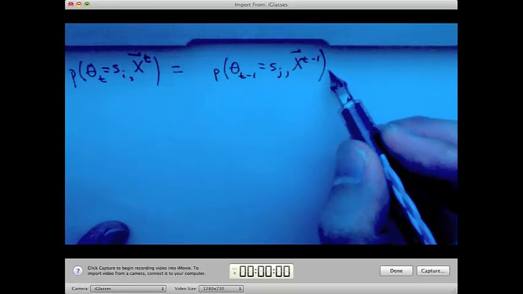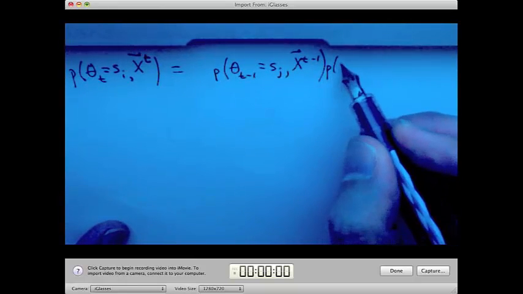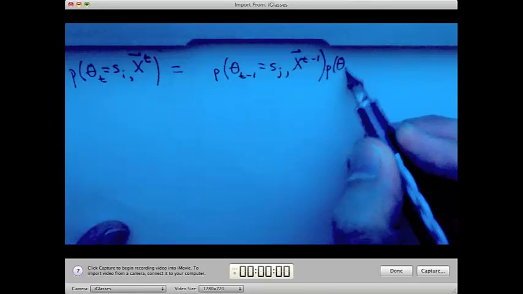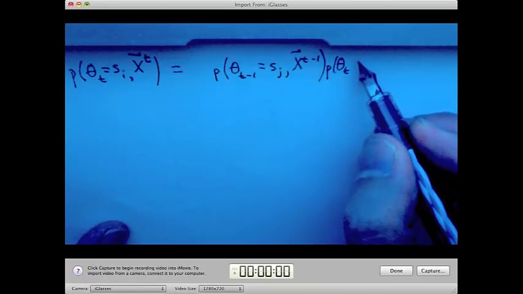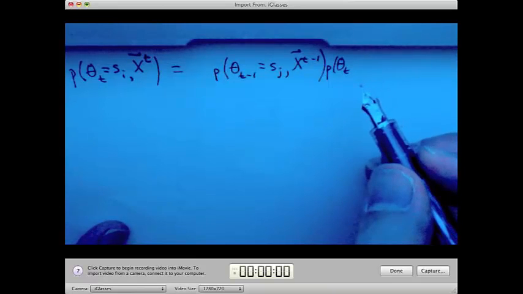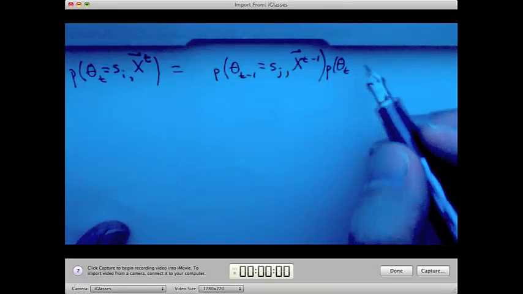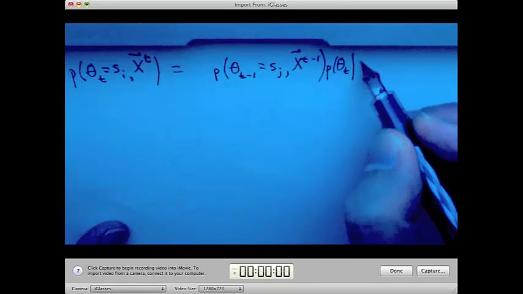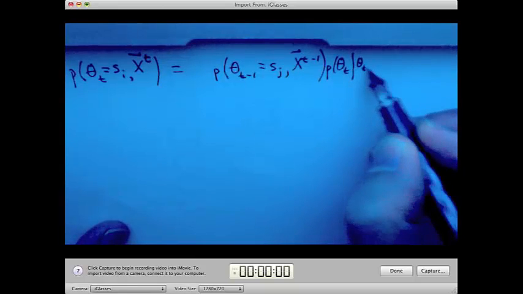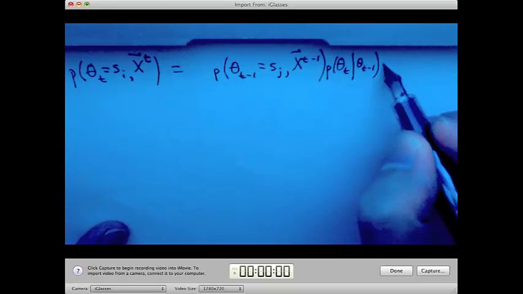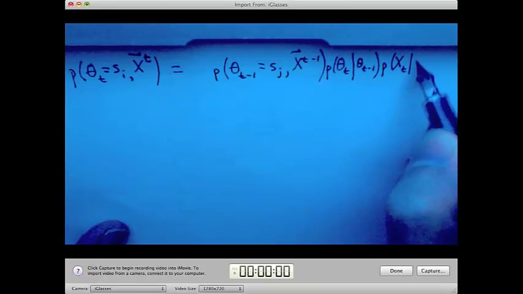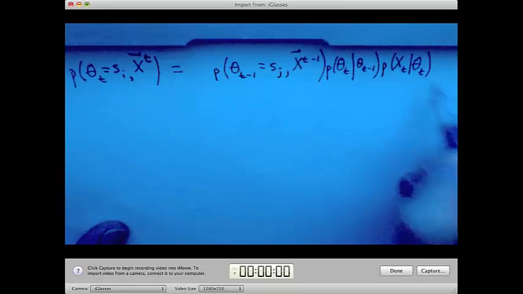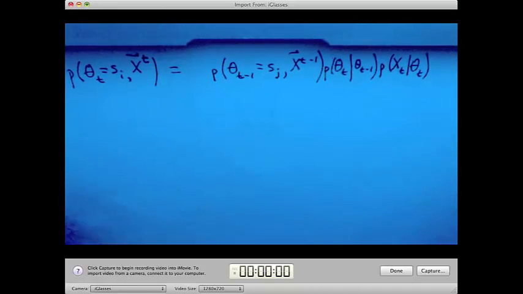And again, I'm going to have to write my transition. To save space here, I'm going to omit the S sub i's and S sub j's here. I'm just going to write theta t given theta t minus 1, and I'm going to write x t given theta t.